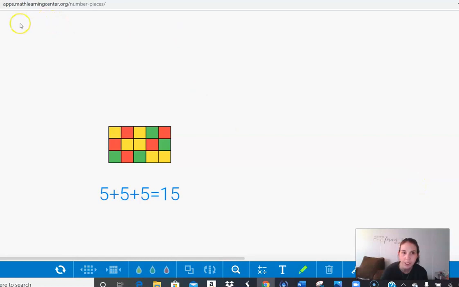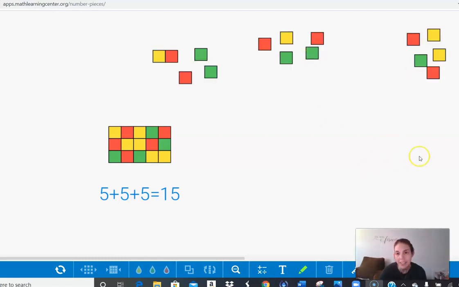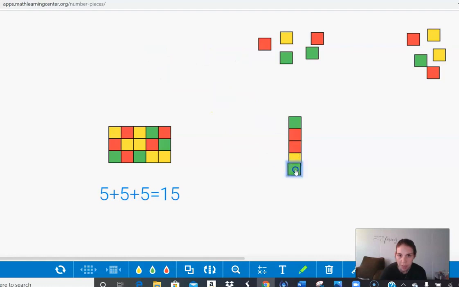Go ahead and start moving your pieces around. 3 columns, 5 rows. So we're going to take these 3 groups and put them into 3 columns. And remember, the pieces are going to go right up against each other. And we will have 3 columns with 5 rows.